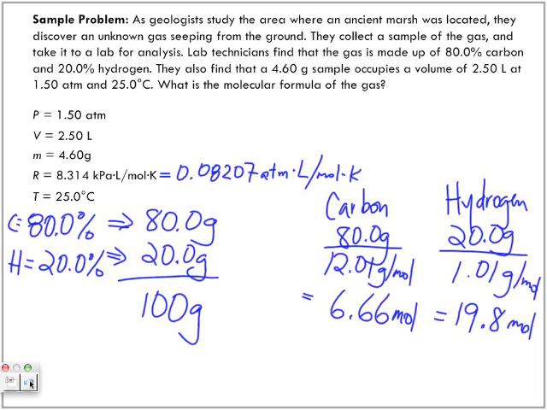We've got 6.66 moles of carbon and 19.8 moles of hydrogen. To find the empirical formula, we always divide by the lowest mole value, which is 6.66.